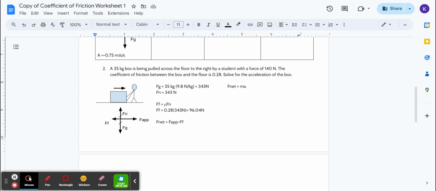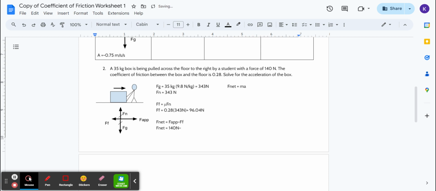Now I know the force of friction. That opens up the door to this equation right here because I know the applied force is 140, and now I know the force of friction. So the theme is that solving one equation opens the door to solving for another equation.